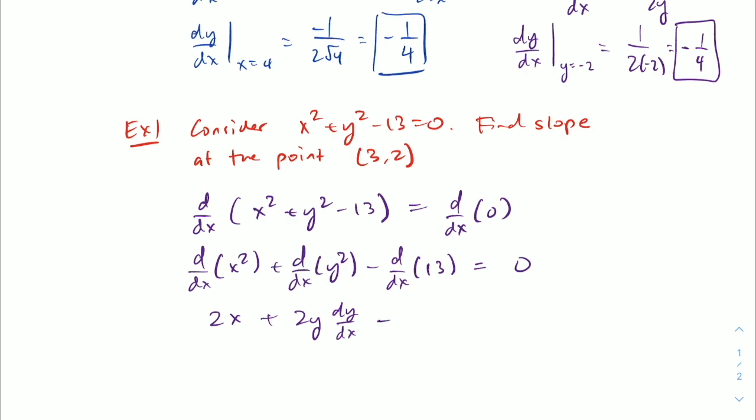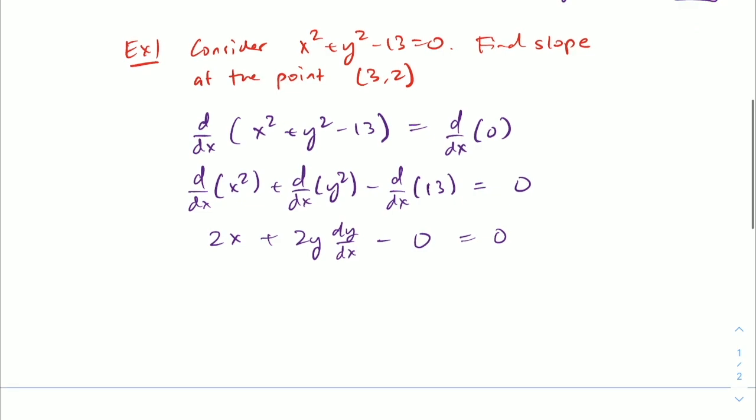And then we get 0 from the 13. All right, so then we have dy/dx here. We want to find dy/dx, so we're going to move the 2x to the other side. And we'll get negative 2x, and then we'll divide both sides by 2y, and we get negative 2x over 2y.